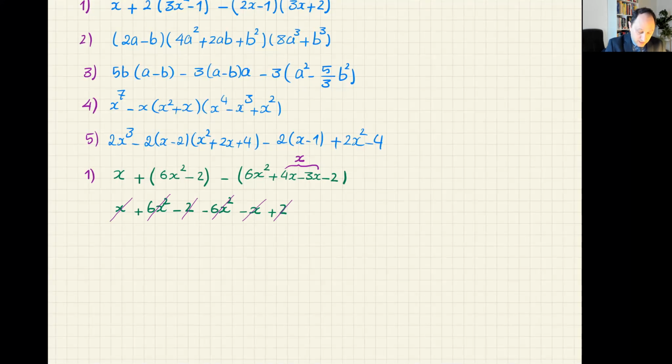When I say that x and minus x are cancelled, it means that x minus x is 0. When I say that 6x squared and minus 6x squared are cancelled, it is 0. Sometimes you see I use the word cancel here as well. Here I say that x and x are cancelled, but here I am dividing, so the answer is not 0, the answer is 1.